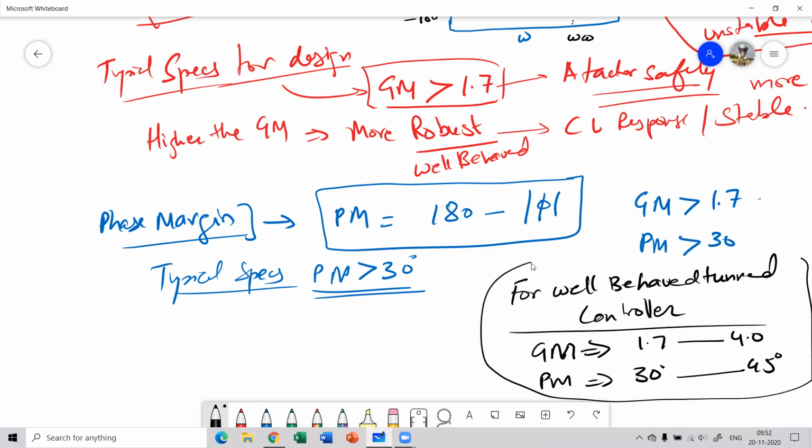So this is one more important term, you can remember this. For a very well behaved tuned controller, मतलब इतना अच्छा ट्यून्ड होगा कि वो हर टाइप का एरर अकोमोडेट कर लेगा, if its gain margin is lying between 1.7 to 4 and its phase margin is lying between 30 degrees to 45 degrees, then the system will be a very well behaved, tuned controller.